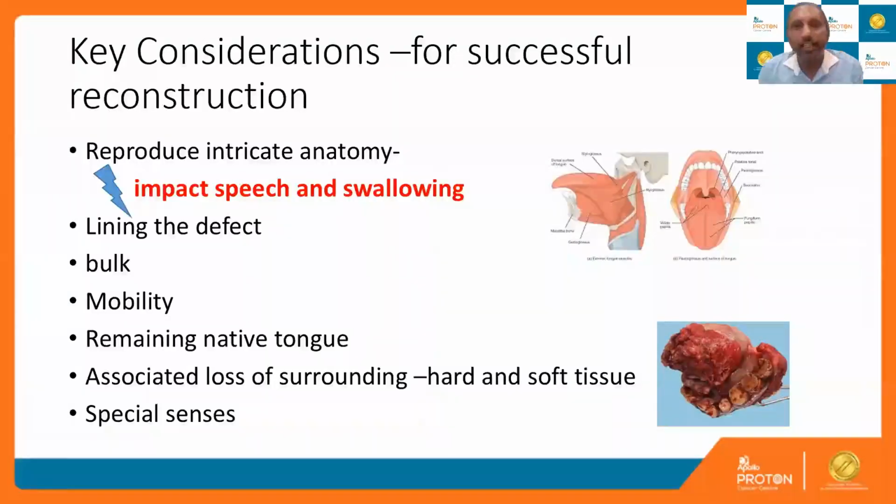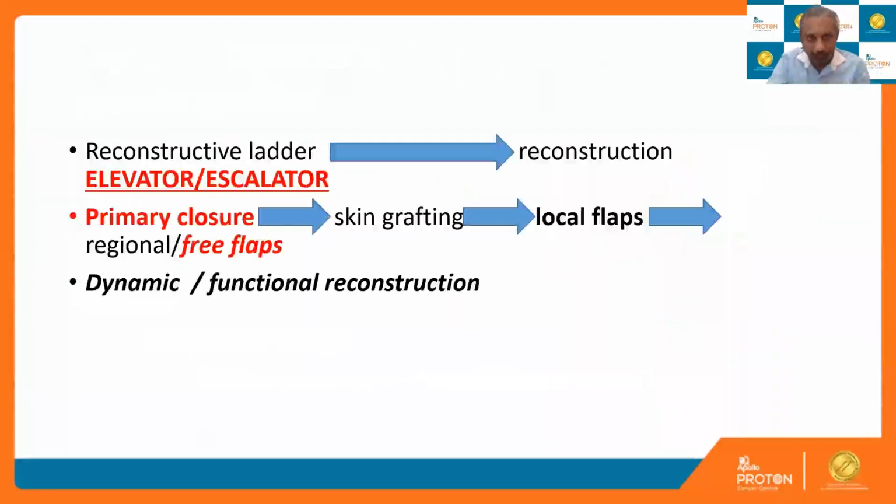What are the key considerations for successful reconstruction in tongue reconstruction? To reproduce the intricate anatomy, which impacts speech and swallowing. Especially the lining of the defect, the bulk, the mobility, to keep the mobility of the tongue, what to do with the remaining native tongue, and how to insert the flap. There is also a lot of associated surrounding hard and soft tissue, how to reconstruct and take care of it, and also special senses.